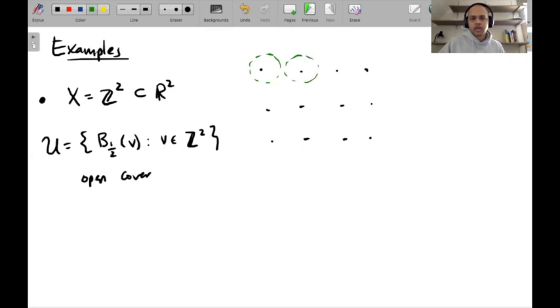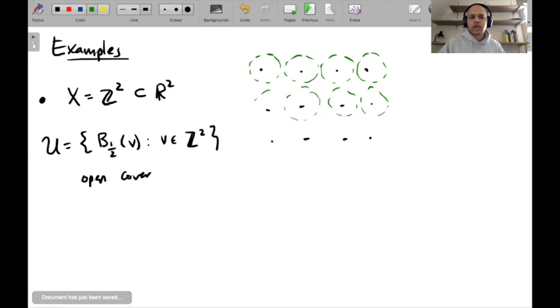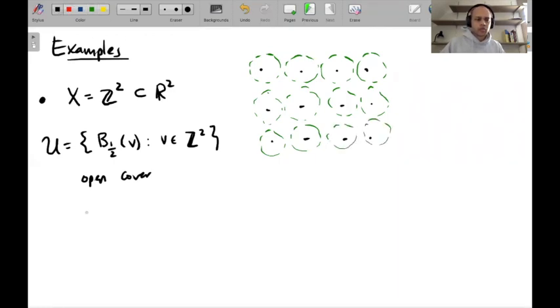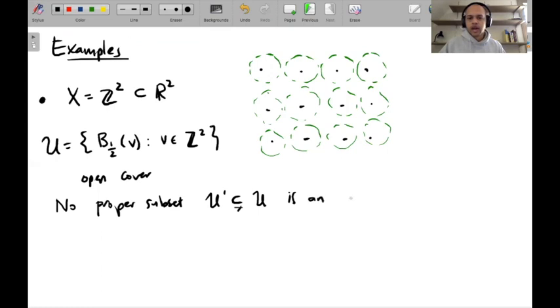These balls have radius 1/2, so they don't intersect one another, and each contains exactly one point of X. And the thing I want you to observe is that no proper subset U prime contained but not equal to U is an open cover.